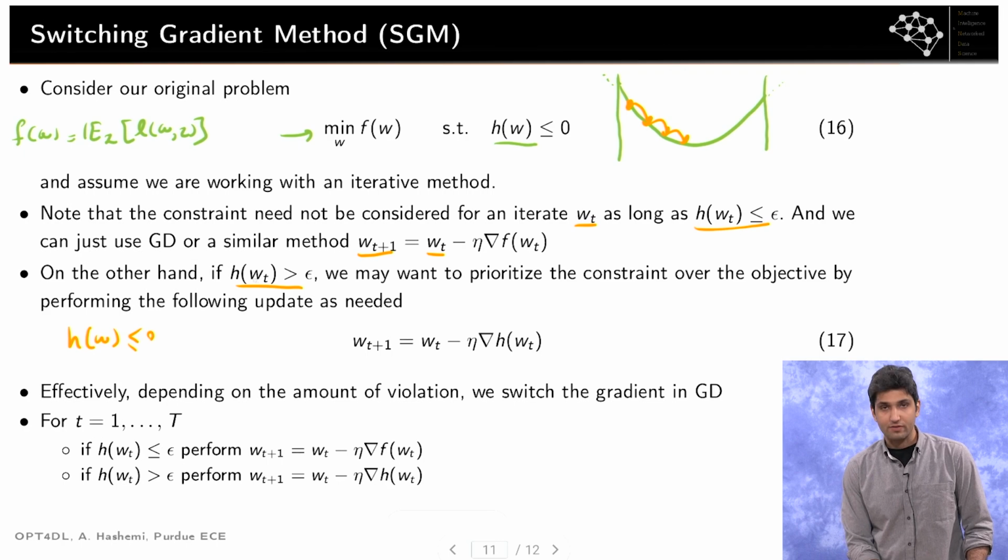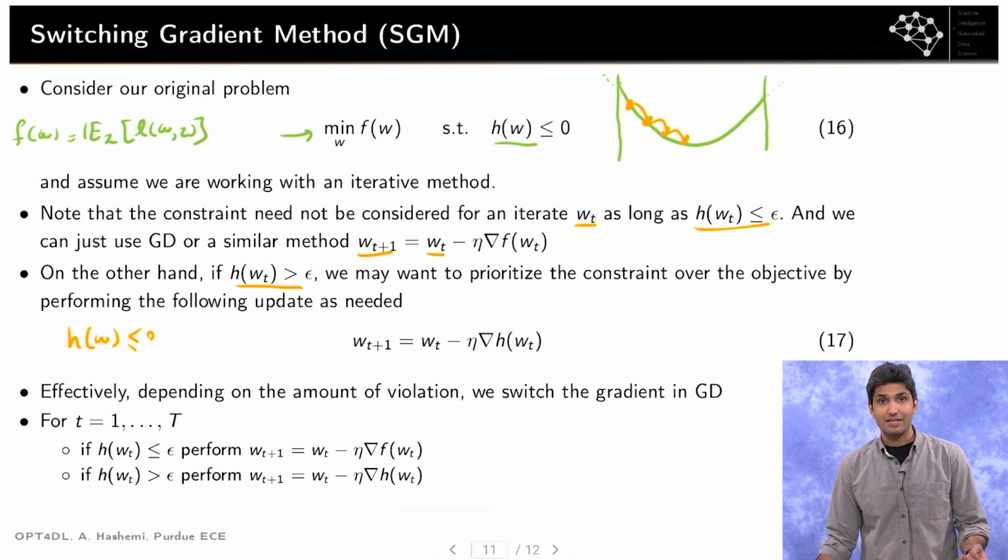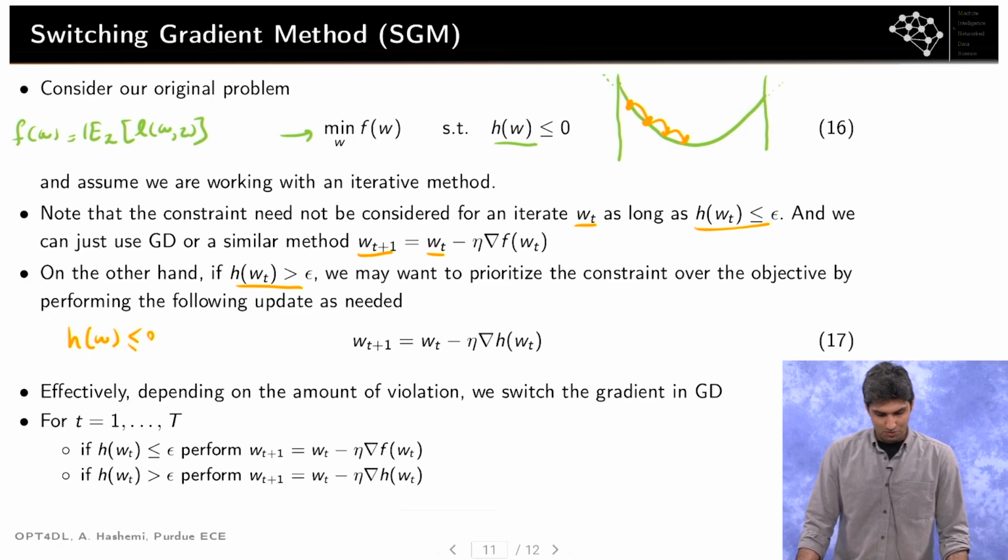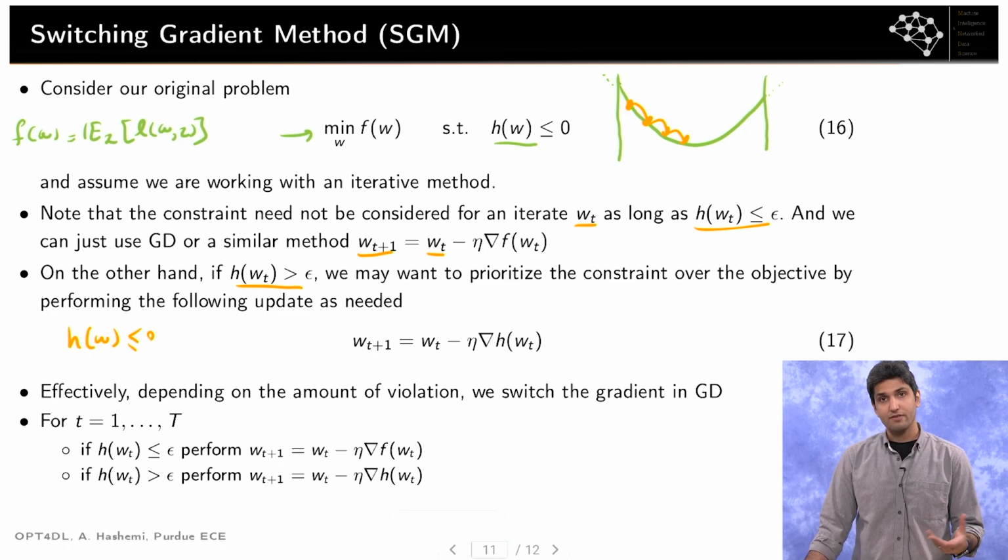In this case, h of w is larger. So we have to find a w that lowers the value of h. Okay, so we have to lower the value of h, minimize h, and a natural idea to do that is by applying gradient descent.